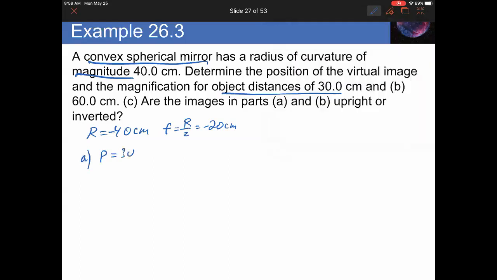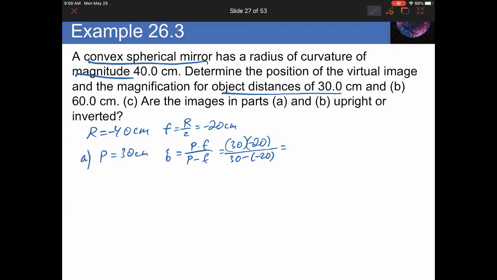So 30 centimeters. And I want to find the position of the image. Again, using this equation, q equals p times f over p minus f. So it's 30 times negative 20 over 30 minus negative 20. Doing this calculation, or again, you can use any version of this equation. You could also use the 2 over R version of that.